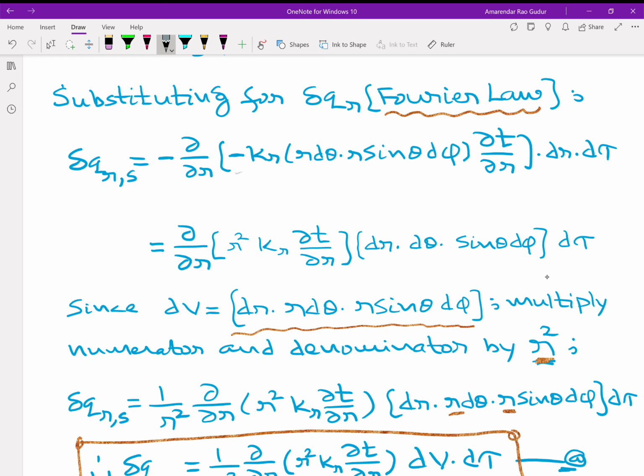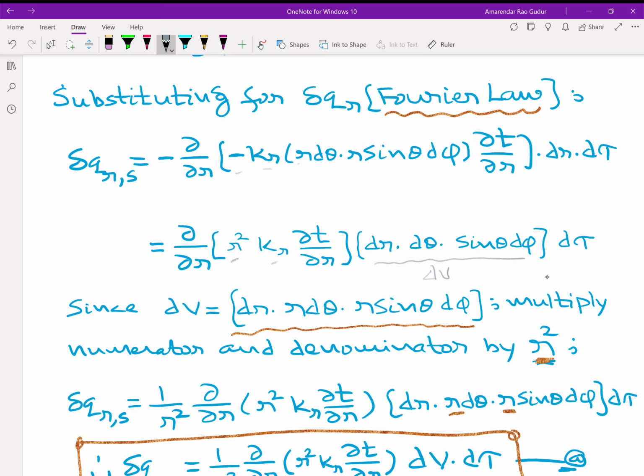Then the terms which are dependent on radius should be retained inside, others should go out. As a result, r square will be inside, k r will be inside, then rest of the terms will be going out. Somehow, we must make sure that this term is equal to dv, and we realize that this r square is missing.